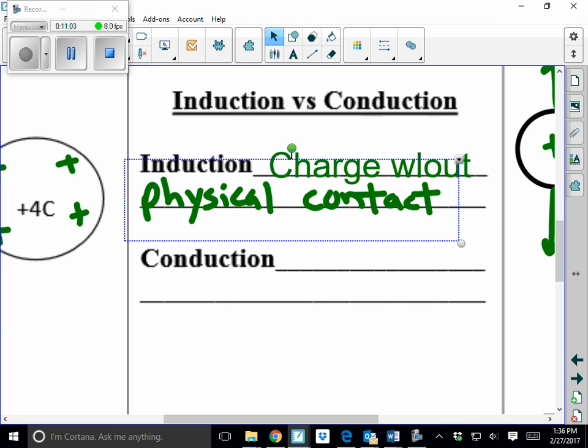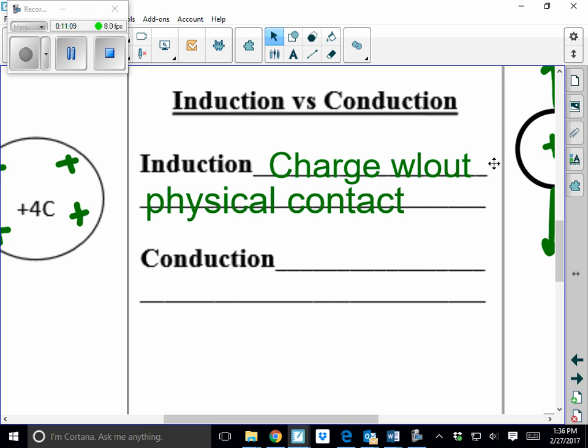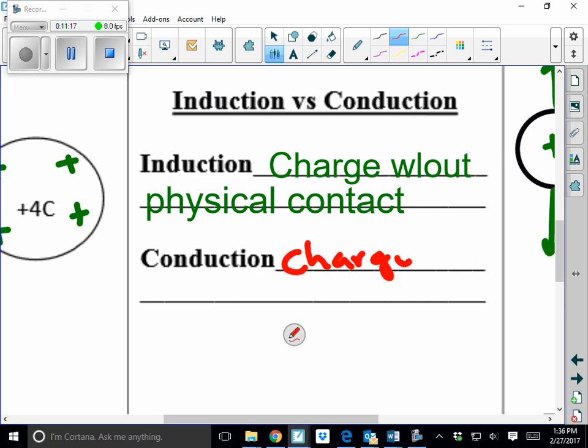Charge without. I really like that Rakim showed me that. Okay, so induction is charging without physical contact, and conduction is charging with physical contact.